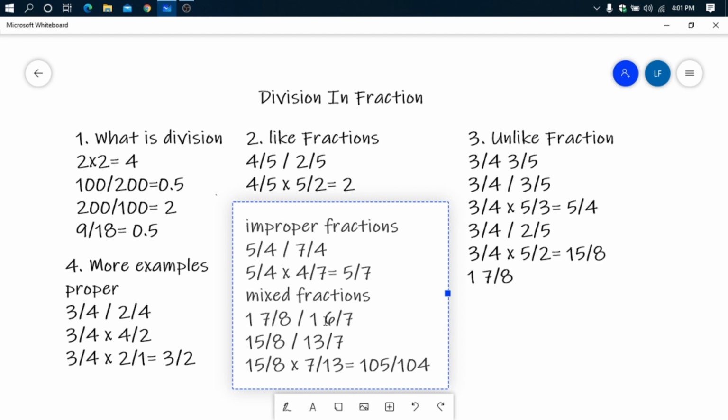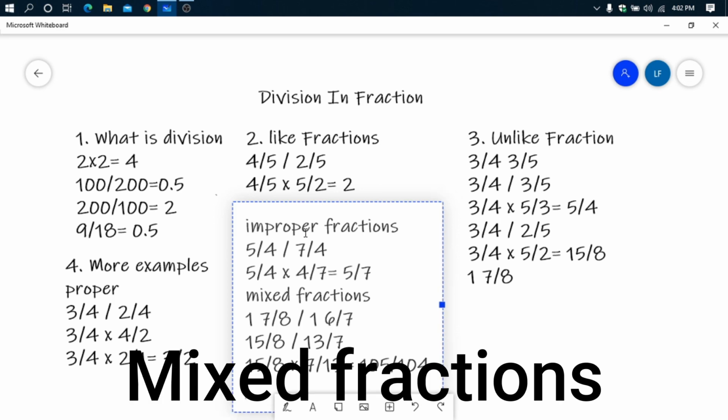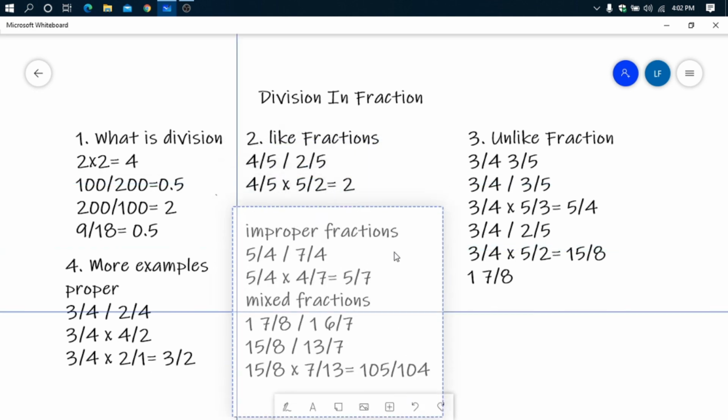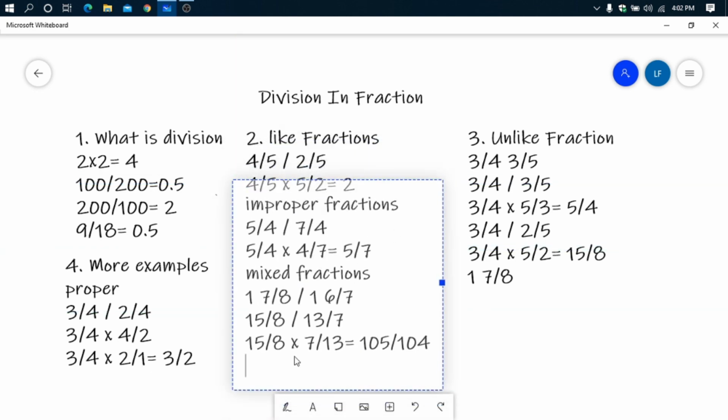Now in this case, it is an improper fraction, so we convert it into a mixed fraction. So this will become 1 1 by 104.